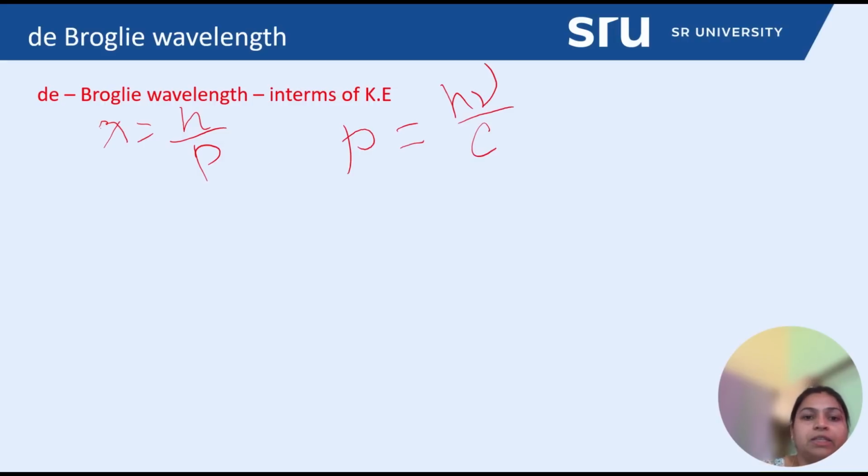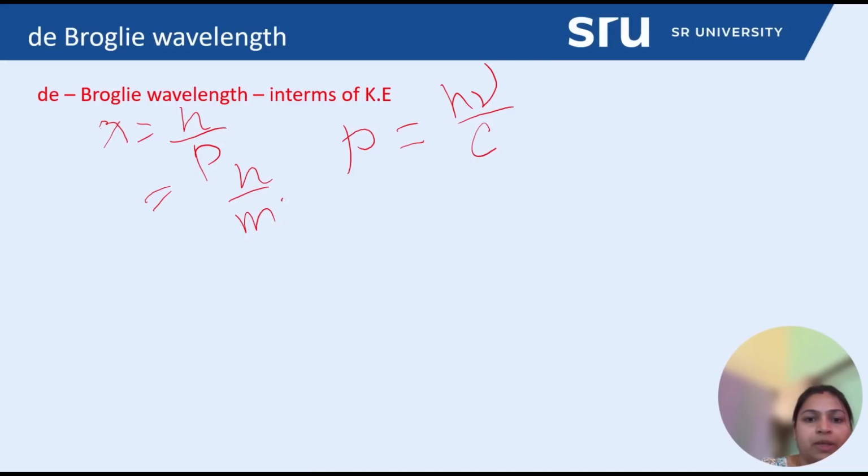Since from de Broglie we know lambda is equal to h by p, we can write lambda is equal to h by mv.